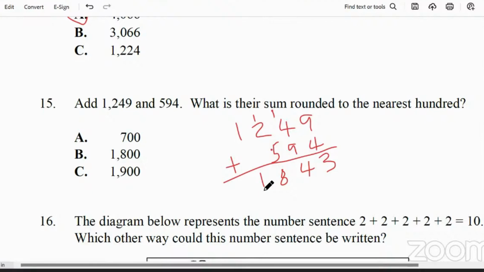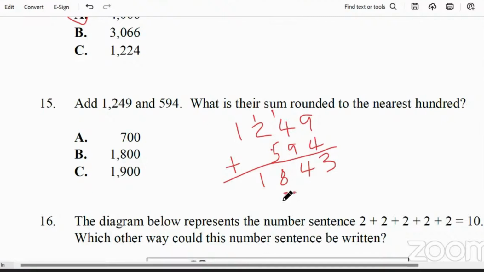Now, is this closer to, of course, 700 would not be the answer, guys. It's between 1,800 and 1,900, right? So it says, what is their sum rounded to the nearest 100? So is this number closer to 1,800 or is it closer to 1,900? Remember, this is the 100 place, so this is the rounding place. So we're going to be looking at the number to the right.